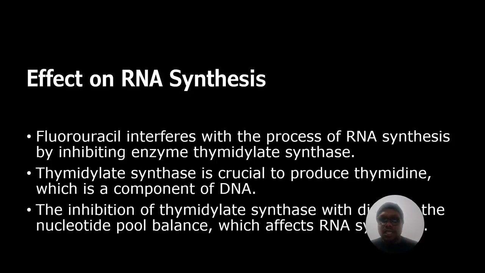So thymidylate synthase plays a crucial part. It produces thymidine, which is a main component of DNA. But since we're talking about RNA, it's different. So during the inhibition of the thymidylate synthase, it disrupts the nucleotide pool balance, which will affect RNA synthesis.